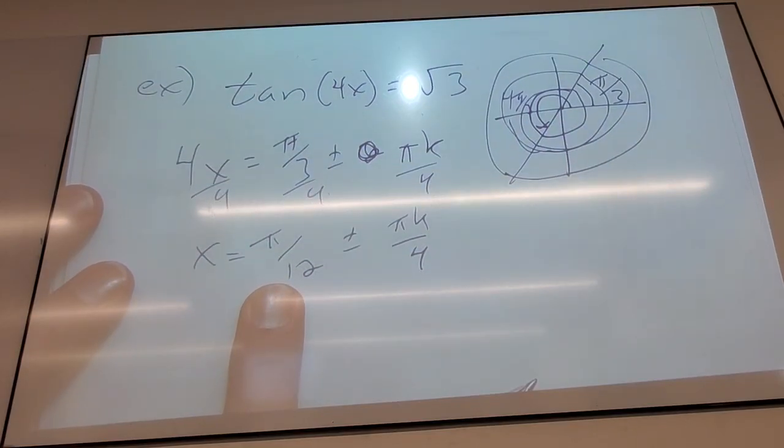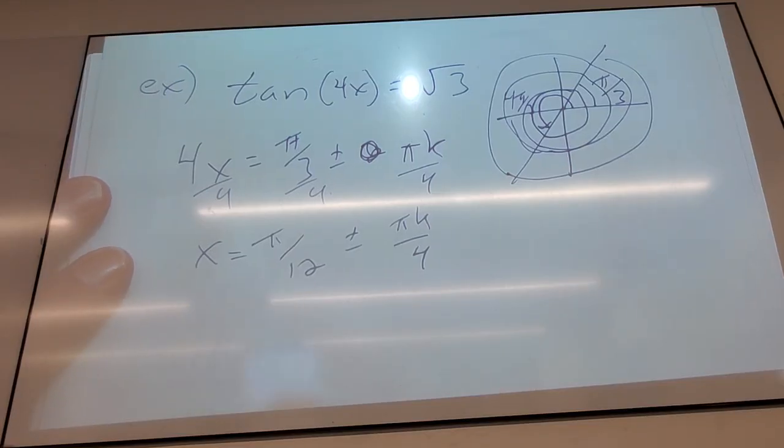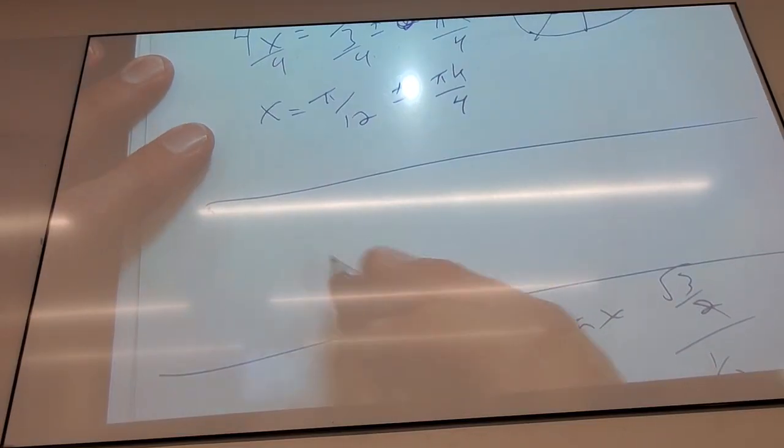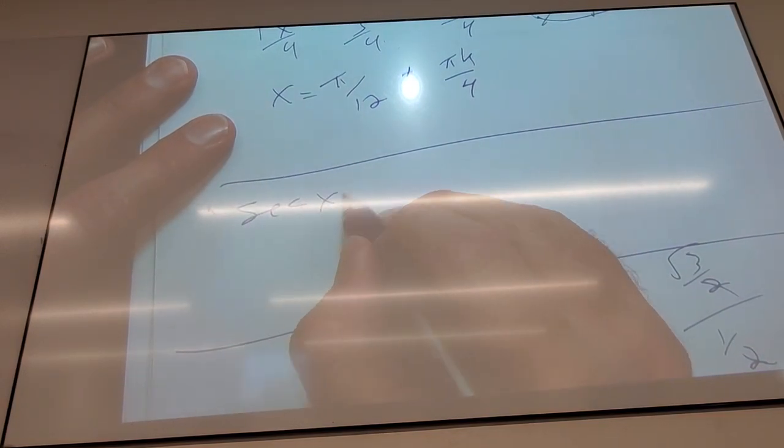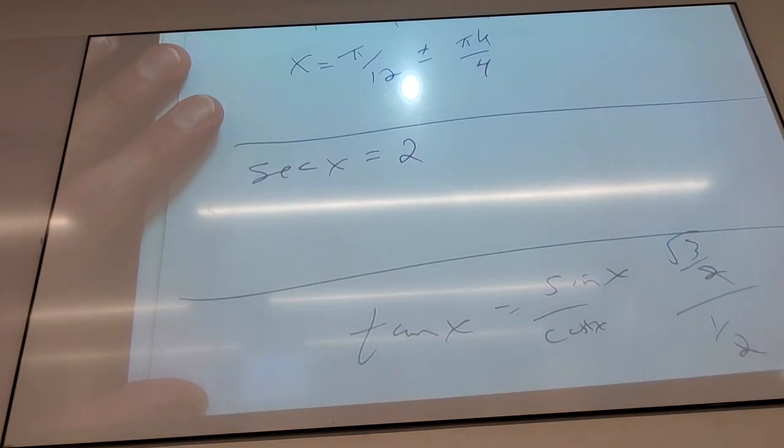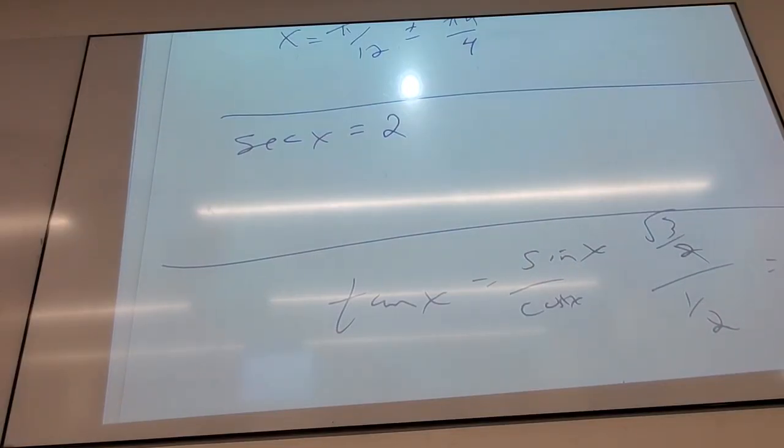Okay. Somebody just said something, and I wanted to do a problem related to it. Oh yeah, that's right, I'm the one who said it. If I said secant x equals 2, you can immediately say, see your problem, Jeff, and I don't like it. I'm going to rewrite it. What is 1 over secant?